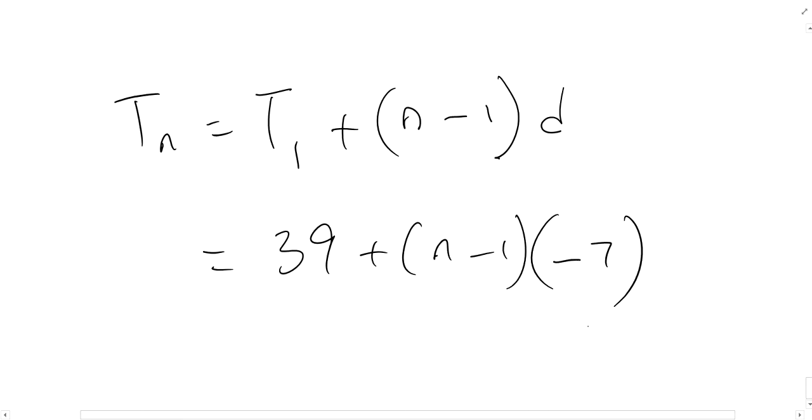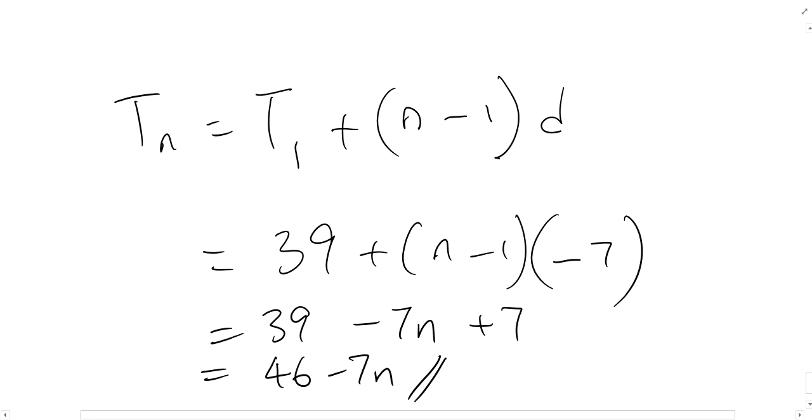Negative 7, yes. Negative is important over here. Otherwise, your number is going to get bigger and bigger. In this case, you are getting smaller and smaller because you minus 7 every time. So 39 minus 7n plus 7. So 46 minus 7n. This is our answer. No need to think too much. Minus 7n plus 46. Yeah, they are the same.